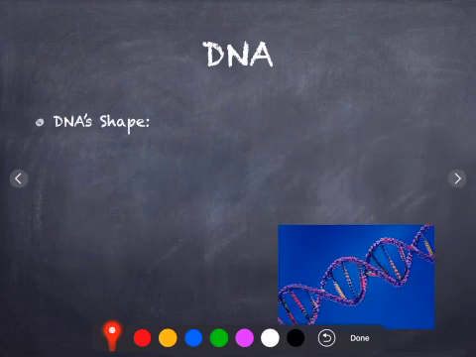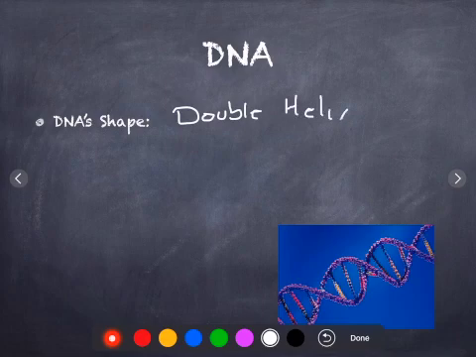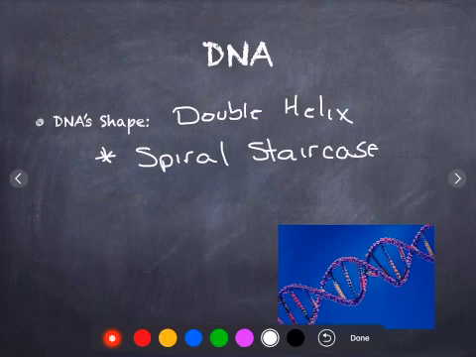Now, DNA takes the shape of something called a double helix. And a double helix, what that means is it kind of looks like a spiral staircase. So what happens is, if you see here, the DNA kind of twists and turns and spins as it goes up.